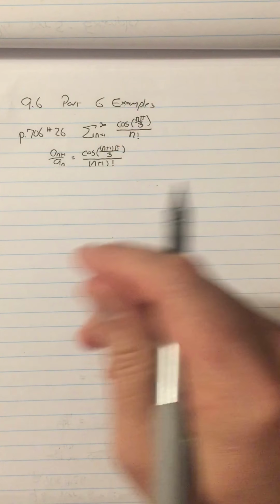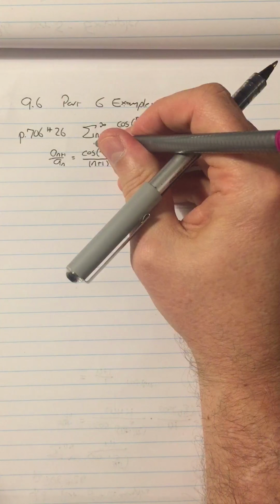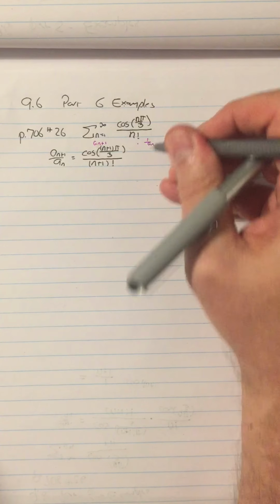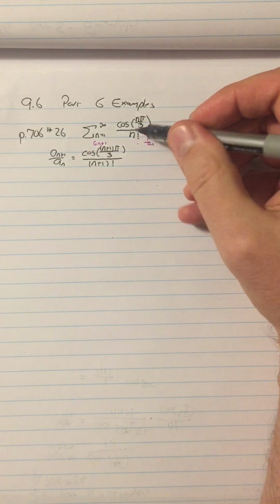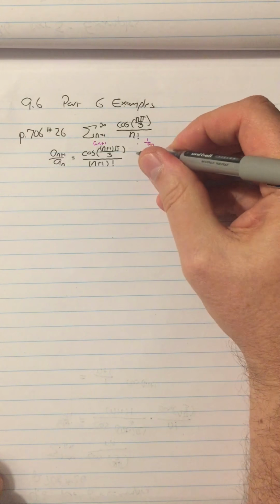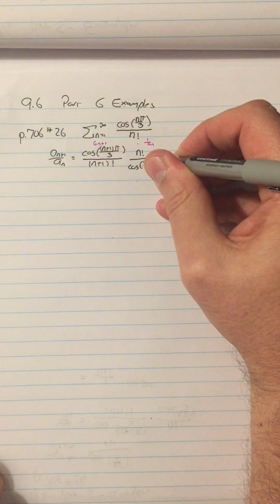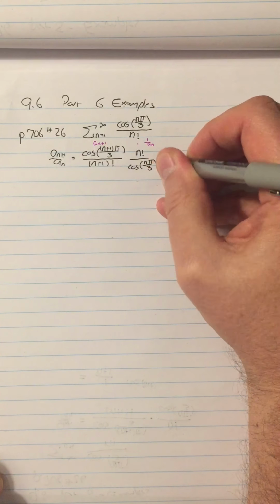Then we go times 1 over a sub n, so we take this term and flip it over: times n factorial over cosine of n pi over 3.